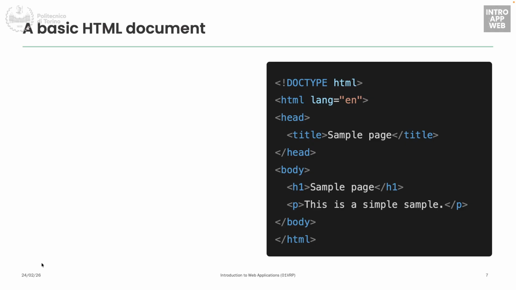What do you think the second line, what does that tag represent? The language. So it is declaring that the content of that document is written in a specific language, that in this case we can say it is English. What do you think is the difference between the title and the H1? Do you have any guess on that?